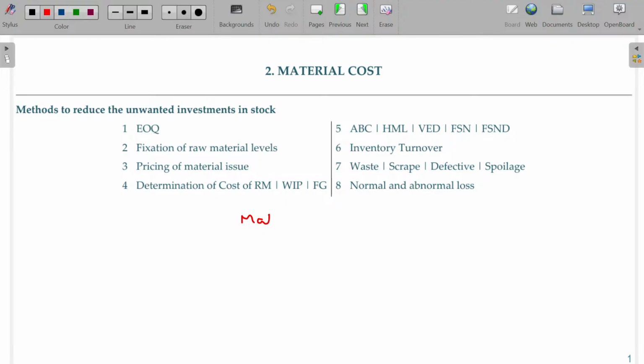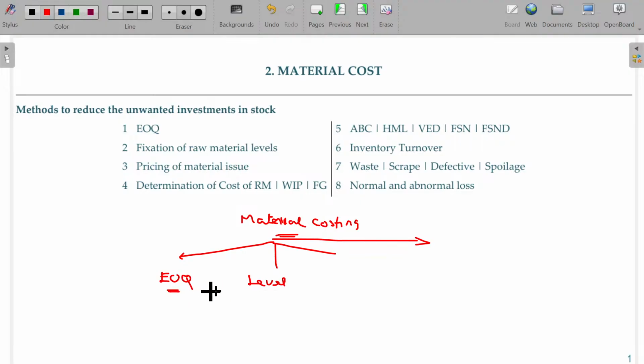In material costing, we have 4 blocks to be studied. One is ordering quantity, another one is levels to be maintained. Third one is all about pricing and some related ideas like some theory, theory with some assumed illustrations.